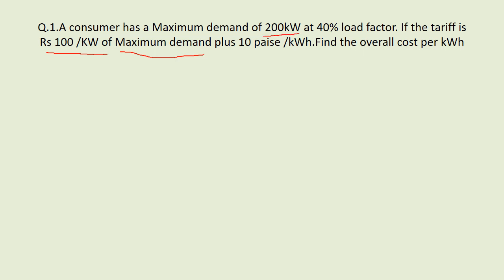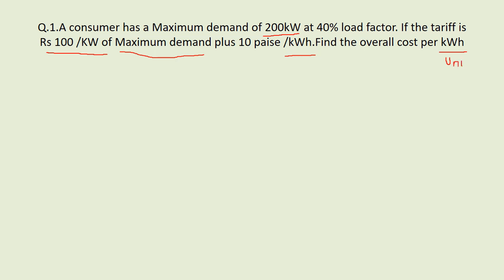Okay, so the cost has two parts. One is in kilowatt and the other is in kilowatt hour. So we need to calculate the overall cost per kilowatt hour. This kilowatt hour is generally specified as a unit also, the electrical unit.